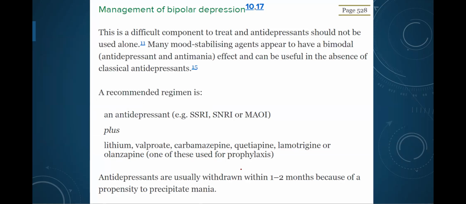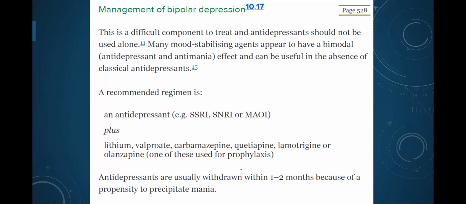Now, the next topic is management of bipolar depression. Sometimes there will be situations in which the patient just came up with a depression and you have given antidepressant, because normally that we should do, and that patient turns out to be a mania patient just after a few weeks.